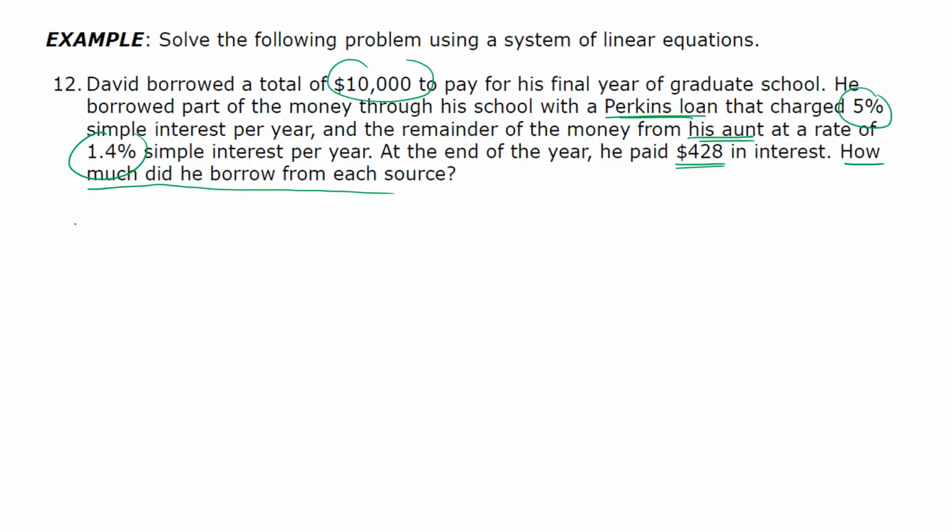So let's first let x equal the amount of the Perkins loan, because we don't know that. That's what we're trying to find. And then we're going to let y be the amount of his aunt's loan.